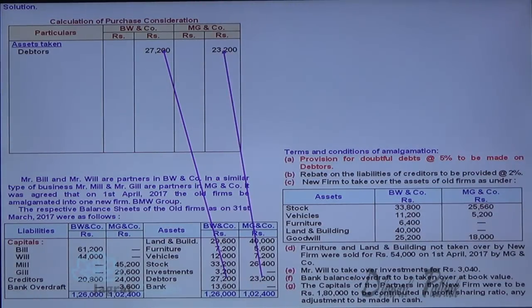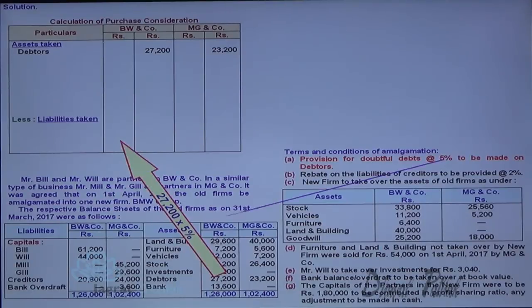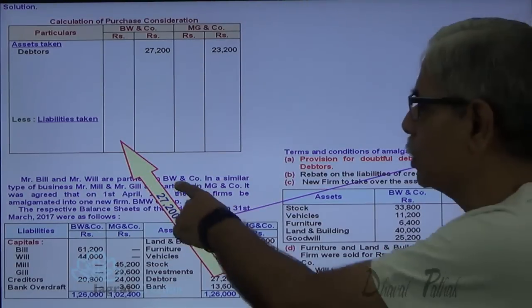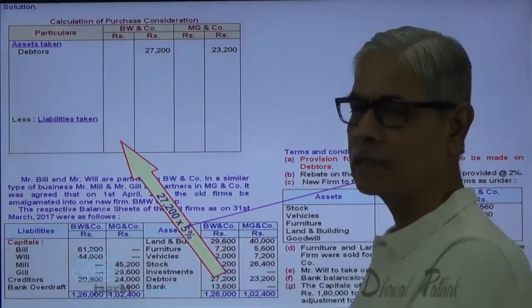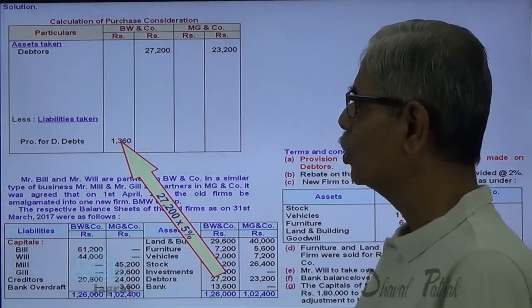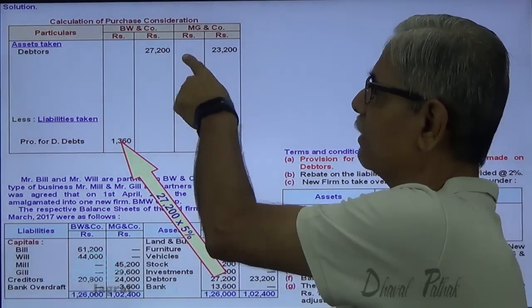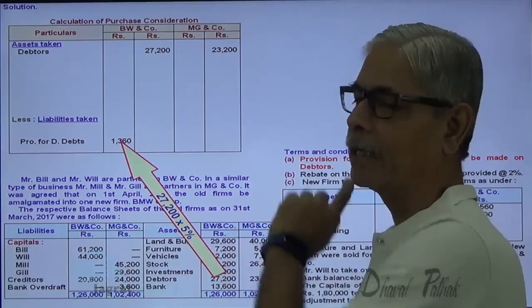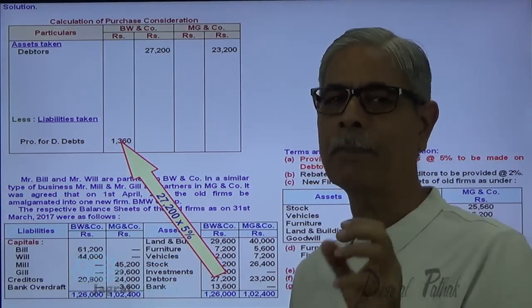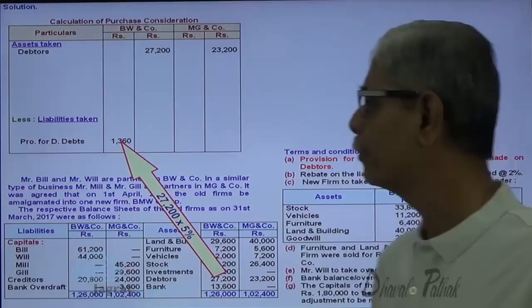So these are the debtors of two companies, BW and MG. I will calculate 5% thereof. That's a bad debt reserve, a decline in the value of debtors. So 27,200 into 5% is the bad debt reserve. So debtors are sold at a price of 27,200 minus provision for bad debt reserve 1360. This is the price at which the debtors are being exchanged. Same way.